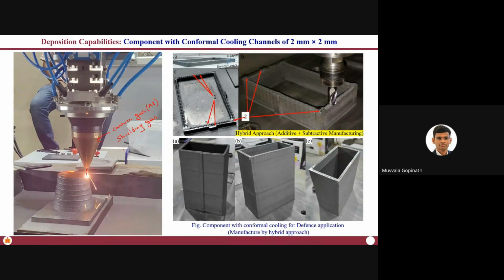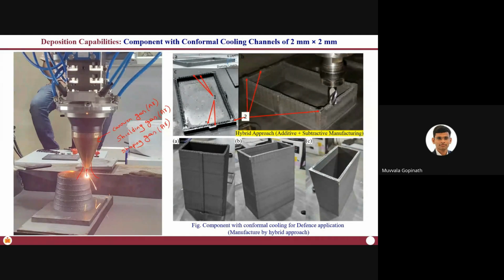Then you have the shaping gas, which does not allow the powder stream to diverge. Now, all of these are argon. So this argon gas forms a shielding over the molten pool.